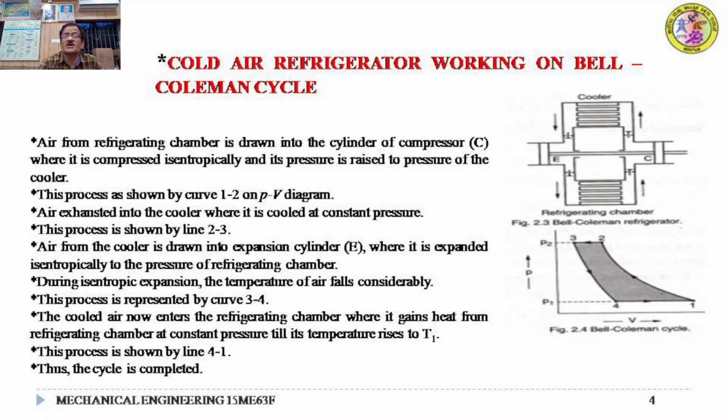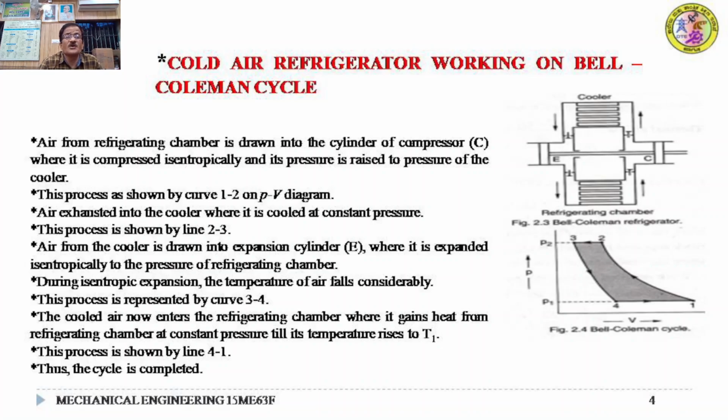Due to this isentropic expansion, the temperature and pressure of the air get reduced, as required in the refrigerator. Then that air enters the refrigerator where it absorbs heat from the surroundings, and then the air is sucked by the compressor and the cycle repeats.